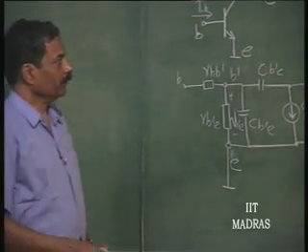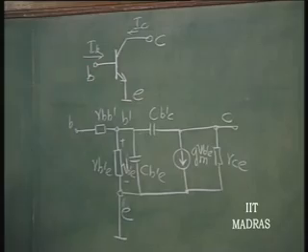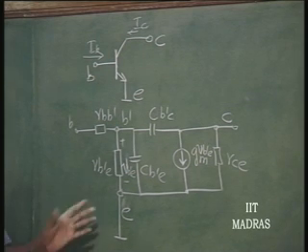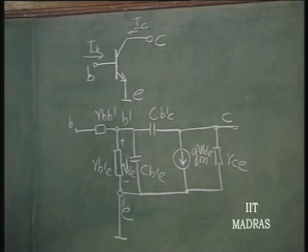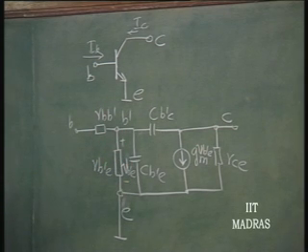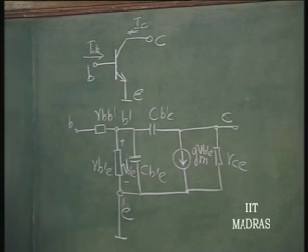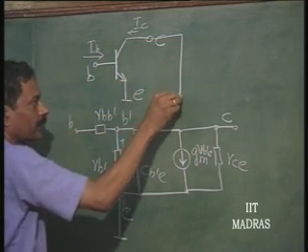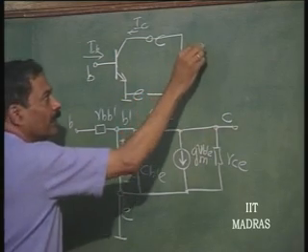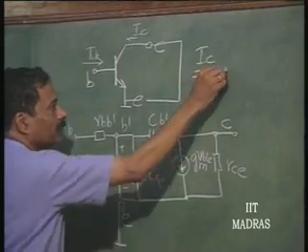Now that we have to use this hybrid pi equivalent circuit quite often in understanding video amplifiers, let us see how some of the low frequency parameters which we know of are related to the high frequency equivalent. This is the common emitter transistor, and this is the hybrid pi equivalent. At low frequencies, these capacitors are not coming into the picture. If I short circuit the output, then IC by IB is called beta by definition.